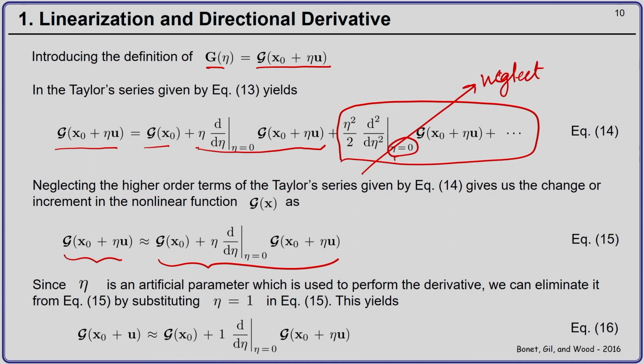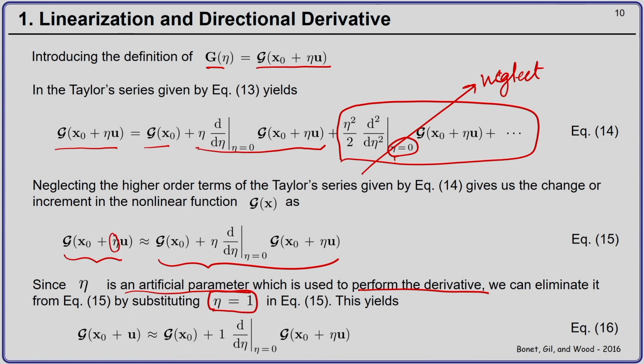Now, the problem here is we have unknown eta and we also have unknown u, the direction in which we want to get the solution. It is the direction u which will take us closer to the solution. Because eta was an artificial parameter which was only used to perform the derivative, we can simply eliminate eta from our equation number 15 by just substituting eta equal to 1.